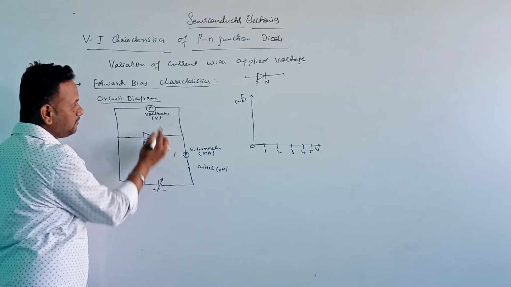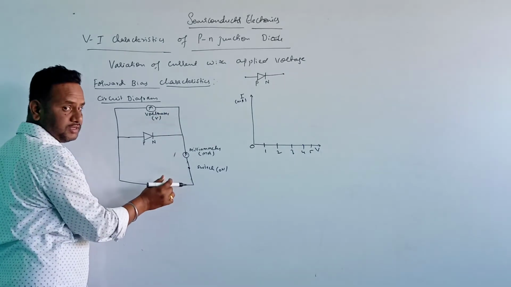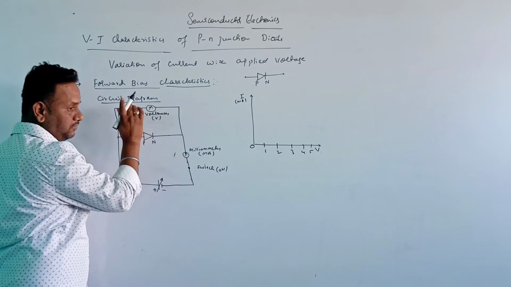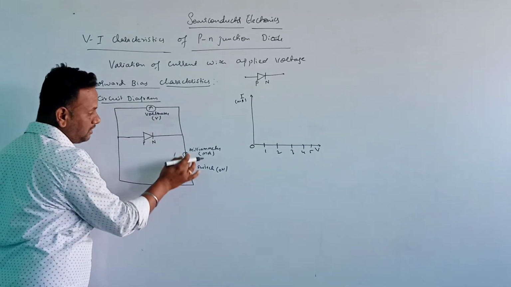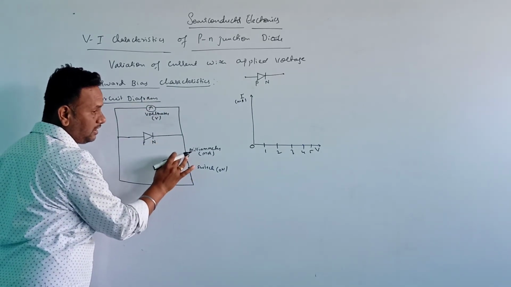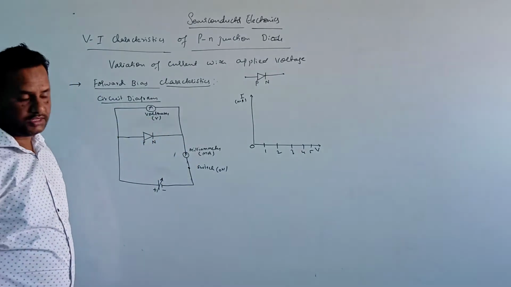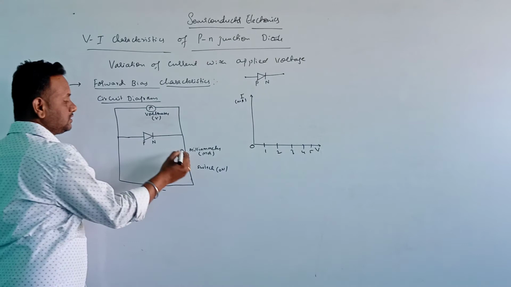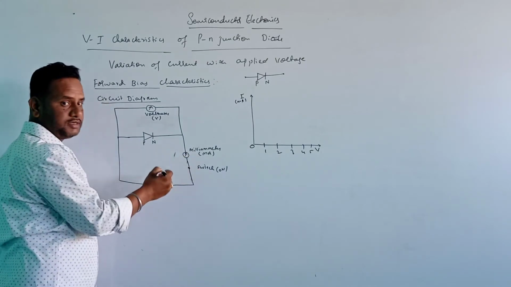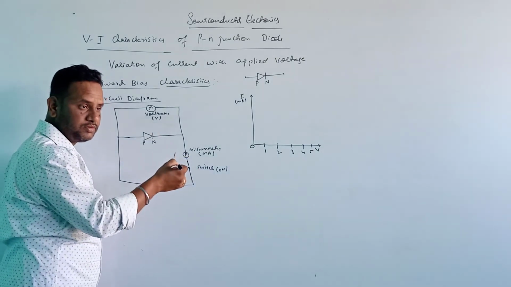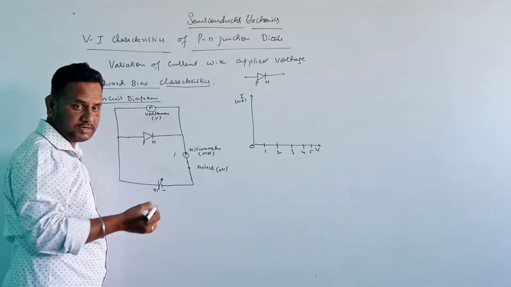If I change to 2 volt, if I change again, 3 volt like that. Simultaneously in the ammeter also it shows some readings. It shows 0.1 milliampere, next 0.15 milliampere like that.